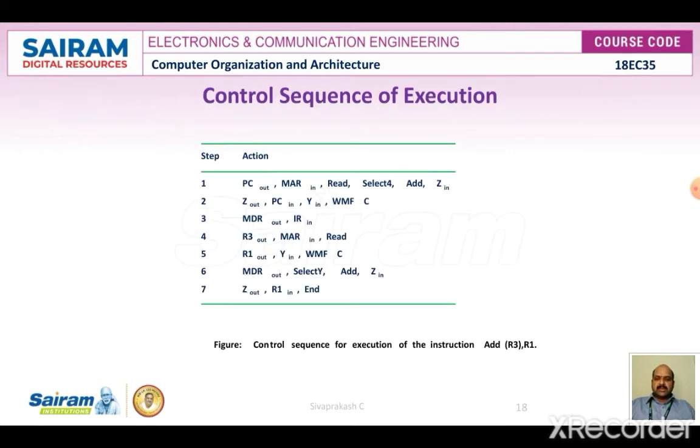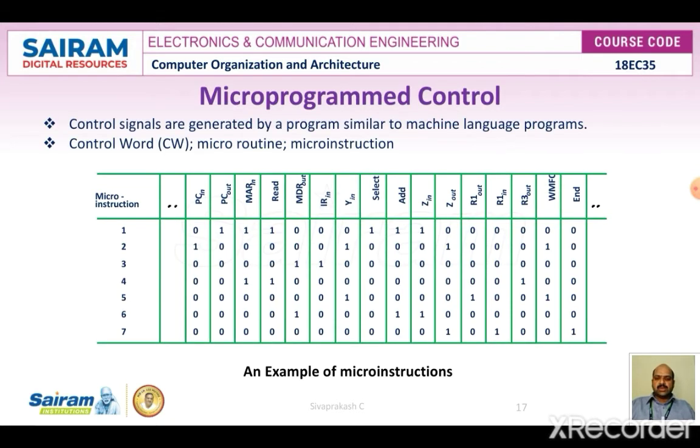Then in the second step we see Z out, PC in, Y in, and wait for the memory function complete, MFC. So these 4 signals have to be high in this state. The second micro instruction specifies PC in as high, Y in as high, Z out as high, and MFC as high.